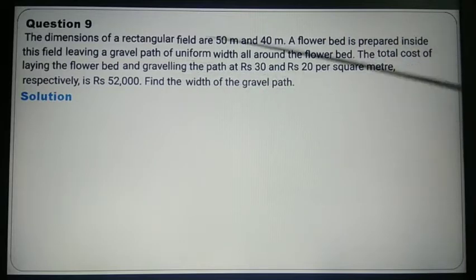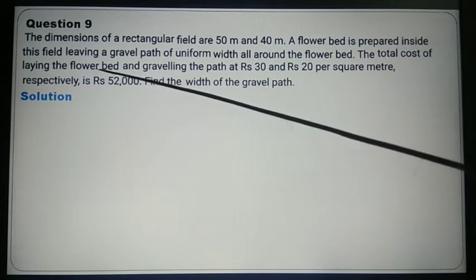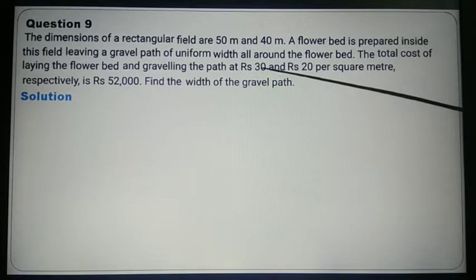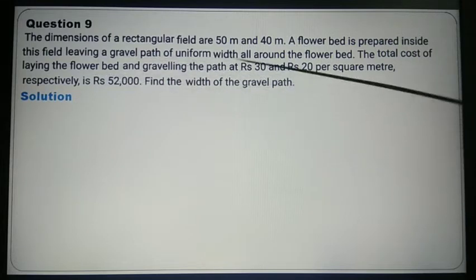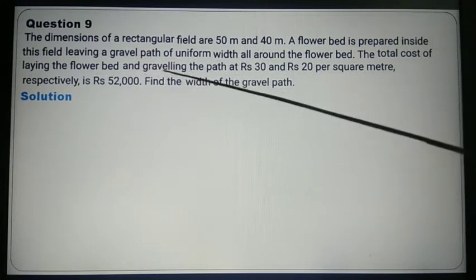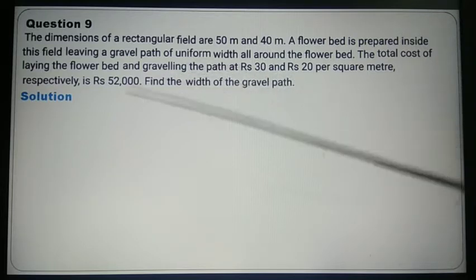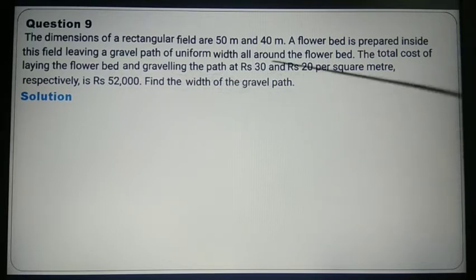So cost of laying flower bed: you want to lay the flower bed at rupees 30 per square meter. This first one represents laying the flower bed, and the second one represents graveling the path. Hope this is clear to you. So total cost is given to be 52,000.